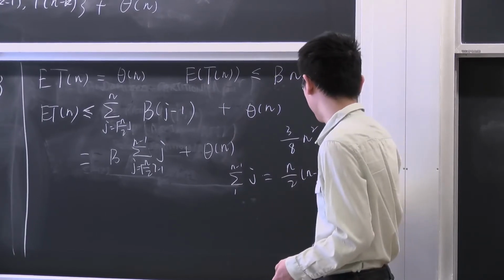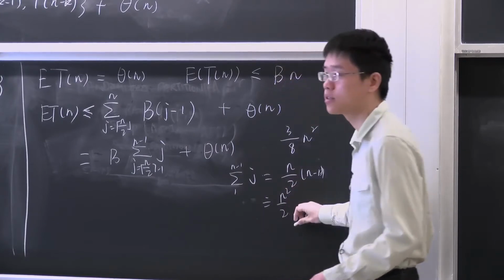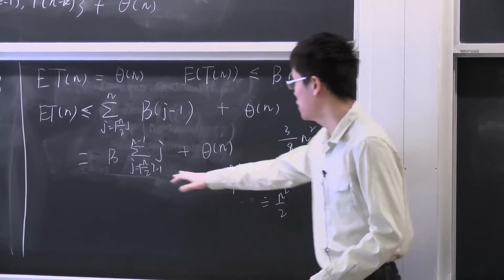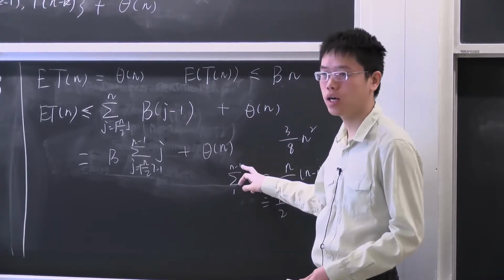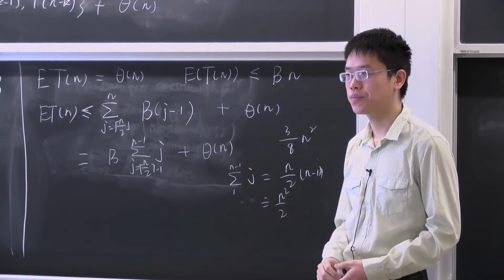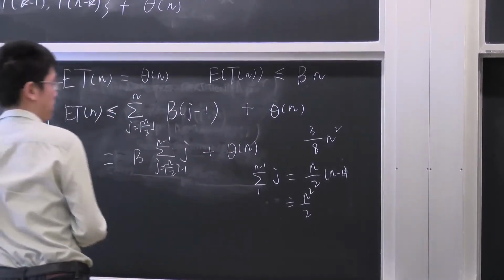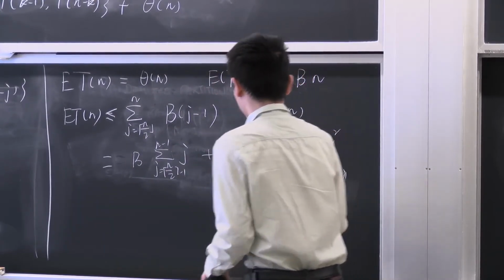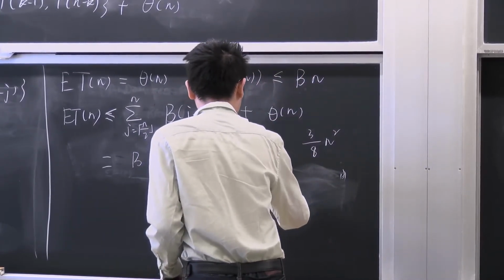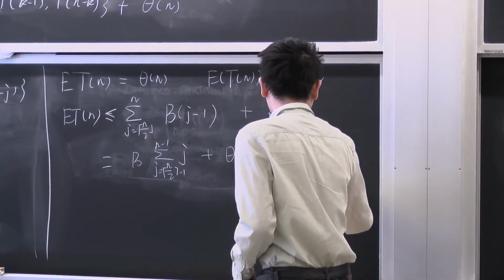So it's roughly half of n squared. Now, this term is the sum of this minus the sum to half of n, right? So it's roughly half of n squared minus 1/2 of 1/2 n squared.